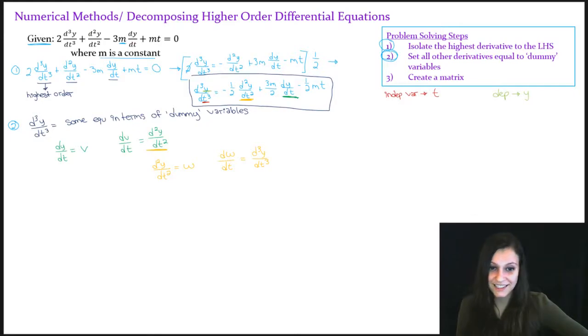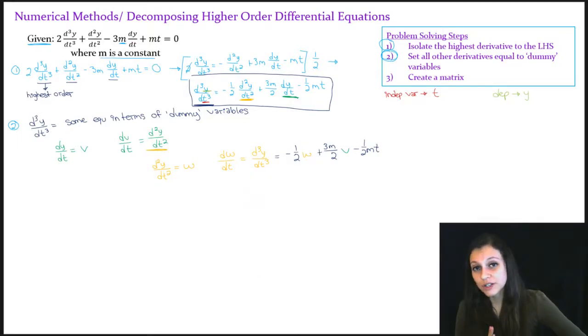And if you notice, that is our highest order derivative in this equation right here. So then we can say that this is equal to our equation, but instead of the derivatives, we're going to substitute in our dummy variable. Just bear with me here. I'm trying to make sure I color code everything. Okay.